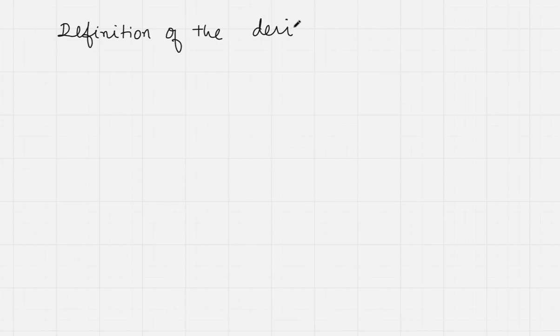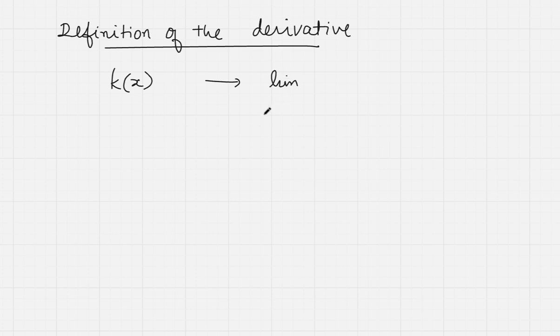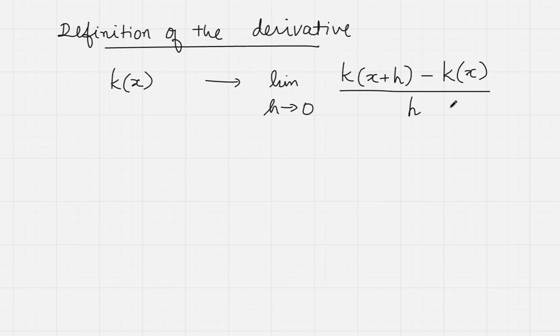And the definition of the derivative says that if you have a function k of x, its derivative is the limit as h goes to 0 of k of x plus h minus k of x over h. That's the derivative k dash of x.